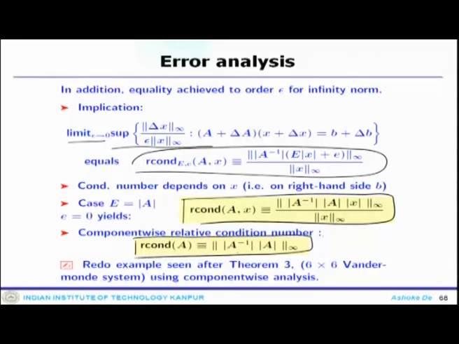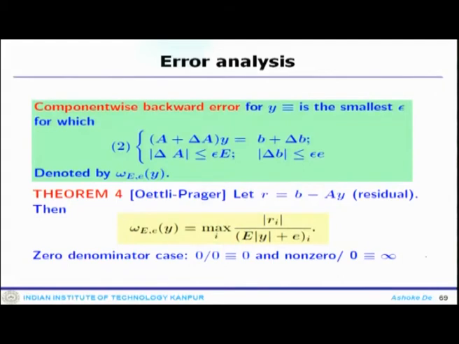So, this would be a very useful formula for the condition number. You need to take care of all these while programming your linear solver. The final componentwise backward error for y is the smallest epsilon such that (A plus delta A) y equals b plus delta b, with the magnitudes less than this.